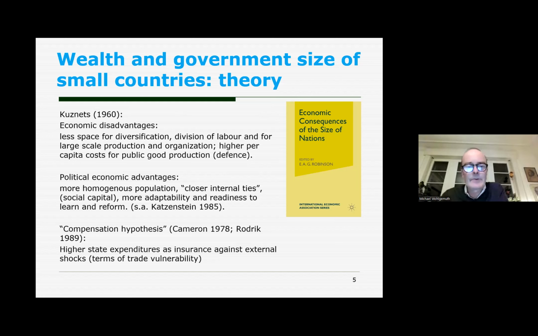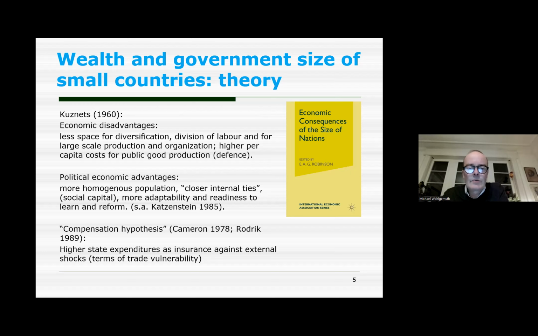Kuznets, however, also refers to some political or political economic advantages of small states. He says they tend to have more homogeneous populations and closer internal ties, which can translate into social capital, which has been shown to be quite a positive contributor to investment and other things.